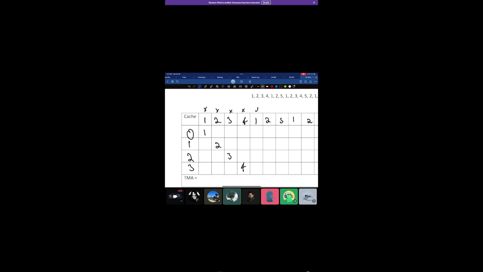Then we get a hit on 1, and actually, let me not rewrite it. And we get a hit on 2. But then we have a miss on 5, so we have to know what to replace. What was the first element that was put in? It was 1. Regardless of us having other hits, we're just looking at what was put in first.